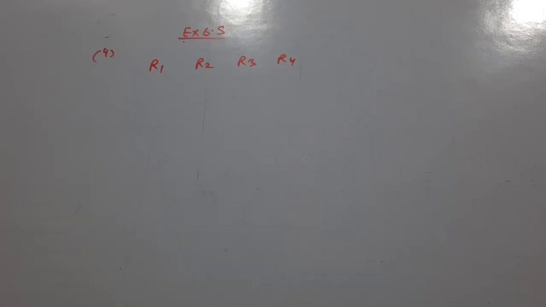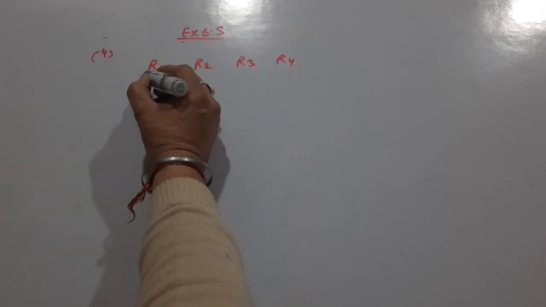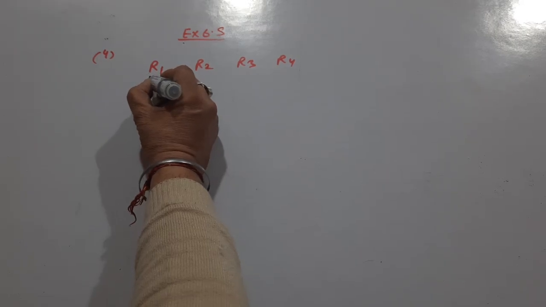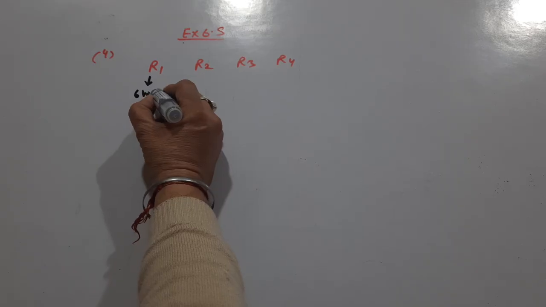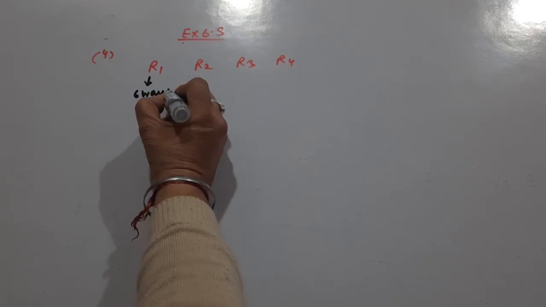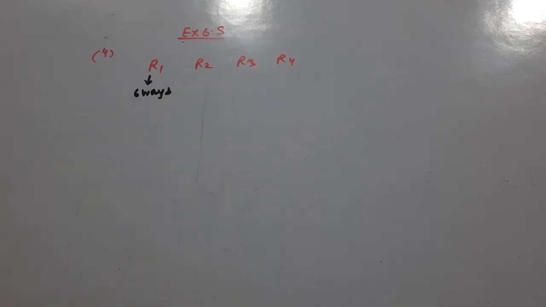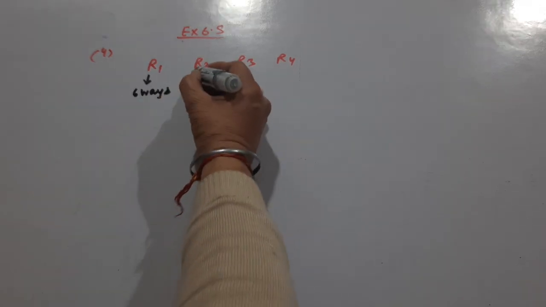Now students, each ring is marked with six different letters. So this ring R1 can be filled up by any one of the six letters. So R1 can be filled up in six ways by any one of the six letters.